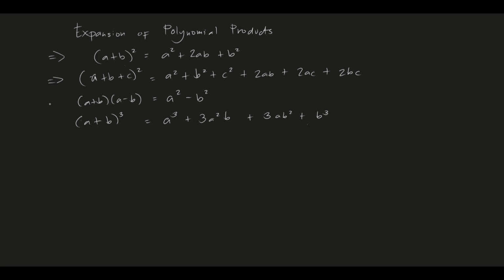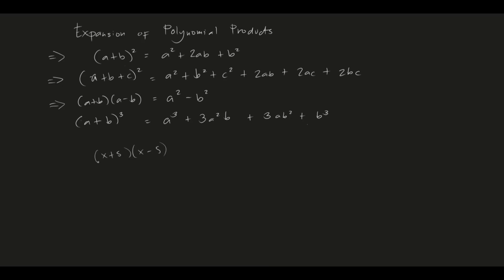And also, if we have this kind of polynomial product, in which we have the quantity of a plus b times the quantity of a minus b, this is equal to a squared minus b squared. So what is inside must be the same. Let's say we have a plus 5 and a minus 5.